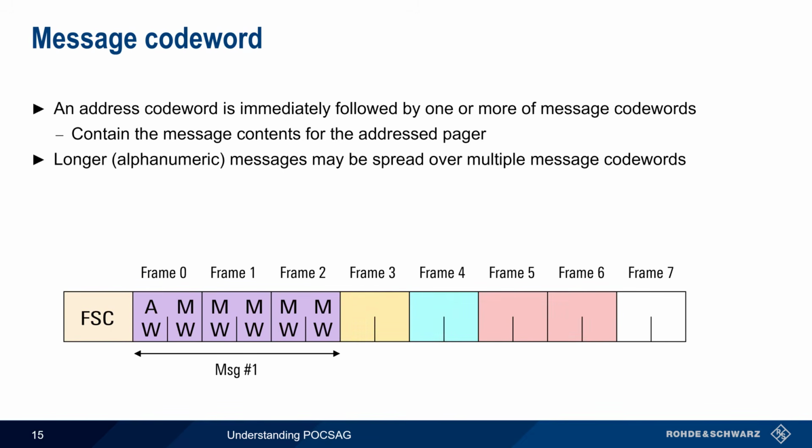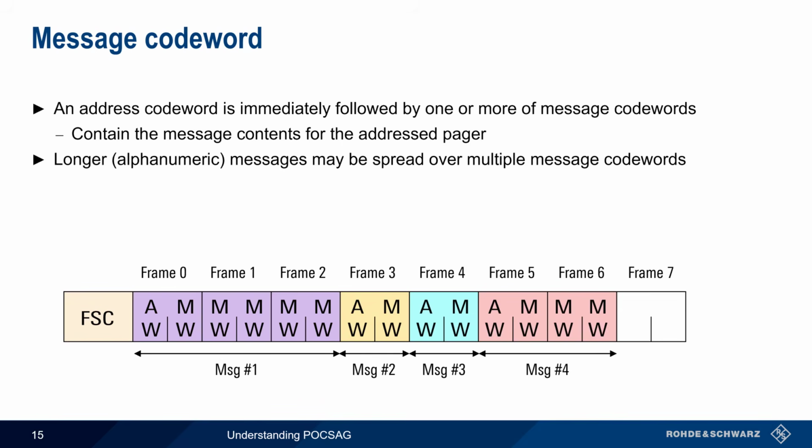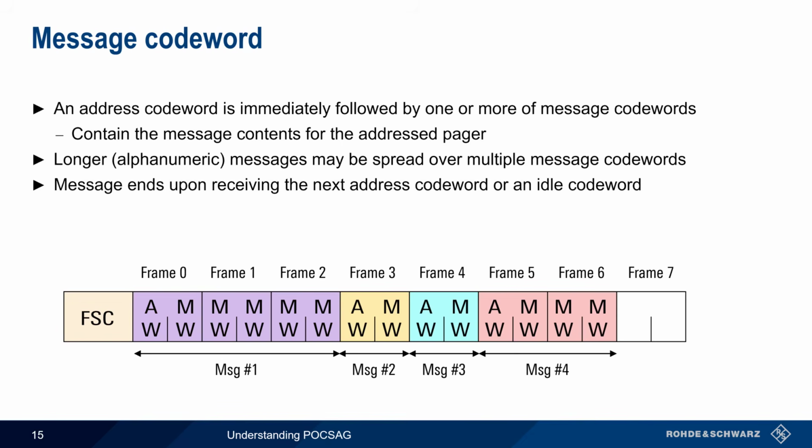The first requires 5 message words to transmit, whereas the second and third need only a single message word, and the fourth uses 3 message words. The end of each message is indicated by a new address word, or when the special idle codeword is detected. Note that the arrangement and order of messages and codewords is dynamic and will change from transmission to transmission.